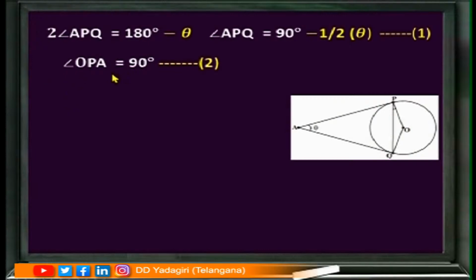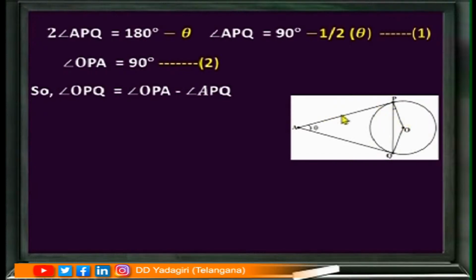Now, OPA is equal to 90. How is OPA 90? Because OPA is an angle at the point of contact, right? We know that the angle at the point of contact with the radius is always 90 degrees. So, we can say OPA is equal to 90 degrees. So, OPQ is equal to the total angle minus APQ.